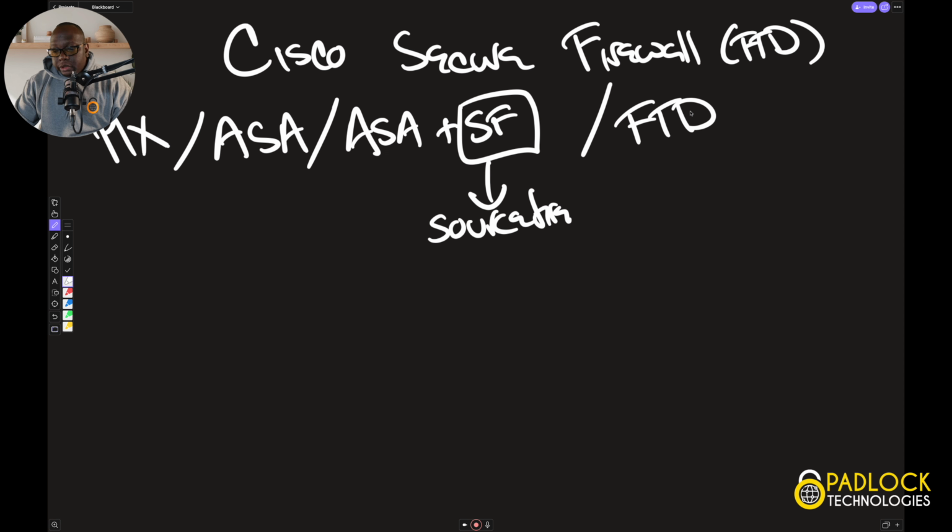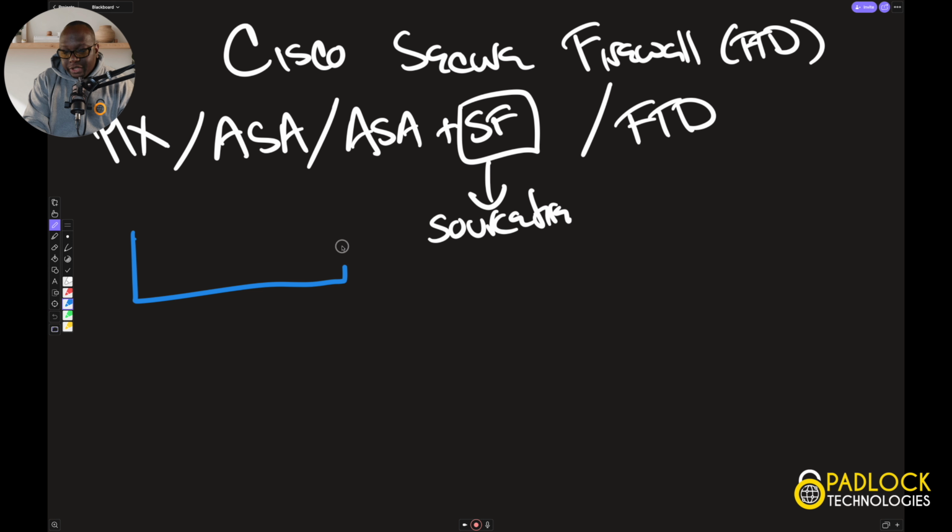Now, what is the difference between an ASA with an SF module in it and an FTD? I'll get to the ASA as well, but I just want to focus on the last two. Back in the day when we were implementing these things, the ASA didn't have any layer 4 to 7 functionality. That was the whole purpose of the acquisition of Sourcefire. So what they did was they kind of made two. It was a module.